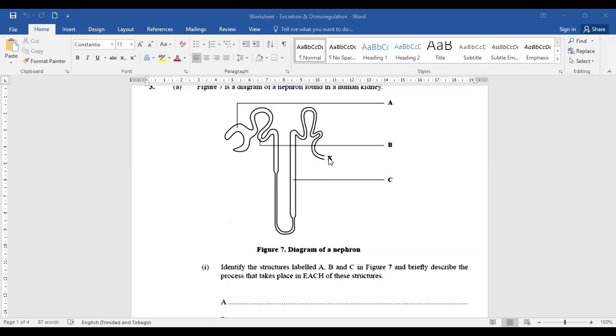Then in the end you will just have the excess urea, water and salt, anything that is not needed and not reabsorbed by the blood, and it would be passed out. So you have reabsorption taking place there as well. Very good, you made a good guess.